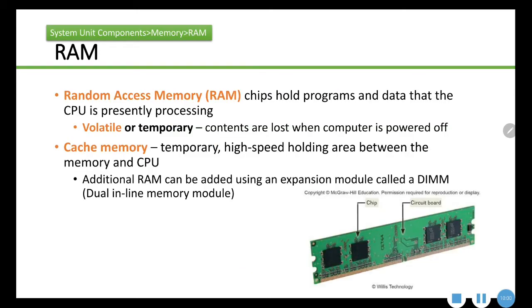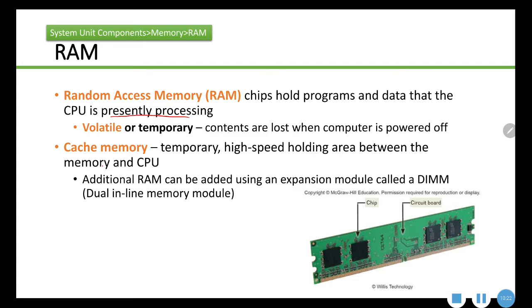Random access memory chips hold programs and data that the CPU is presently processing. So it is volatile and also temporary. The contents can be lost when the power is off. And then cache memory is also a temporary high-speed holding area between the memory and CPU.